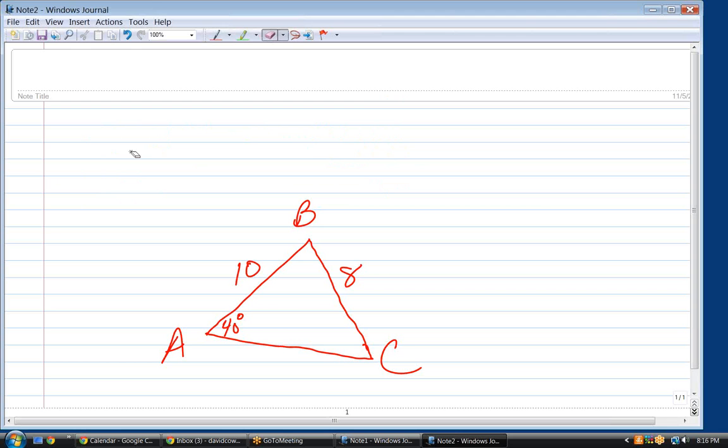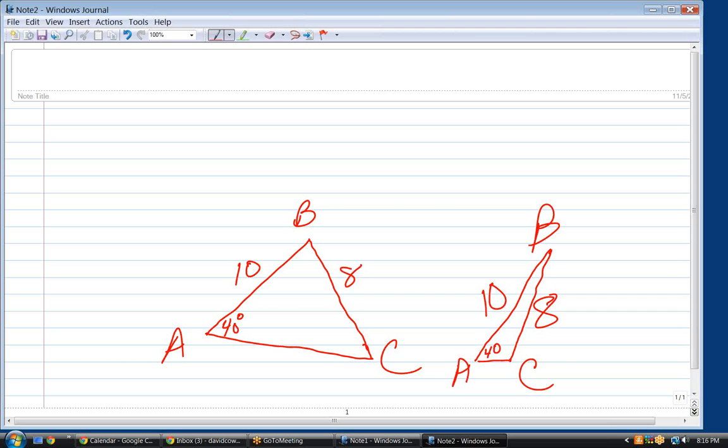Let me draw this triangle slightly differently, where this is still 40 degrees, this is still 10, and that's still 8. And this is allowable.